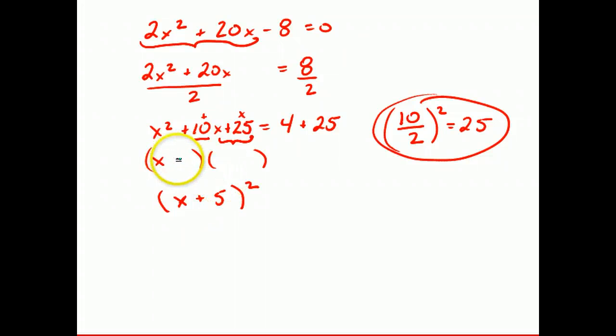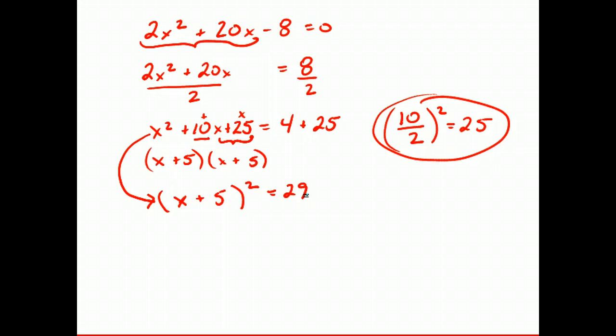I can do this step if I want and say my two numbers that multiply to 25 are 5 and 5, and they both add to 10, but I know that this is going to happen. I'm completing the square. So I know I can skip that middle step. I can always go from right here to here. So that's all equal to x plus 5 all squared is equal to 29.